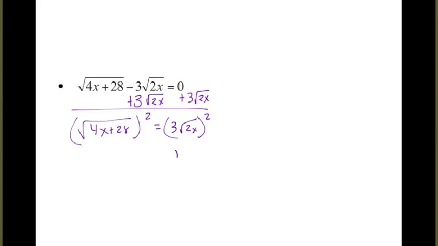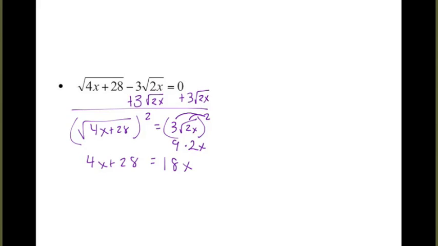On the left, when I square the root, it just cancels to give what was underneath. On the right, when I square that side, I need to square the 3 and make it 9, and square the root, which gives 2x. So all in all, that's 18x.